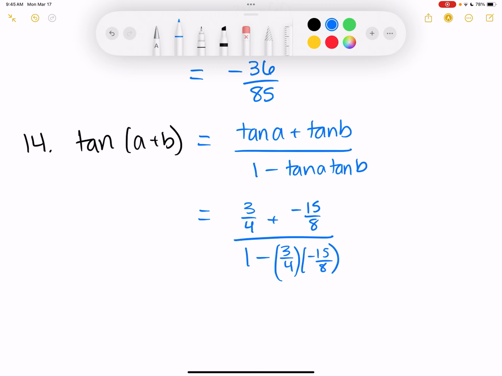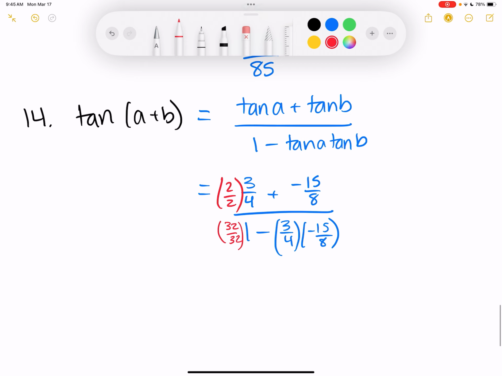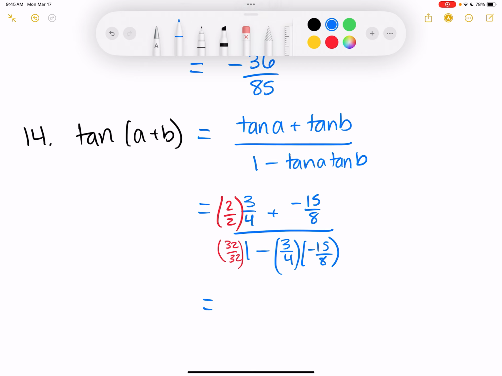So on top, I need to get a common denominator. So I'm going to multiply this one by 2 over 2. On the bottom, I know that 4 times 8 is 32. So I'm going to multiply this one by 32 over 32. And so then I can rewrite this as on top 6 minus 15 over 8, all over negative 3 times negative 15, that's positive 45.